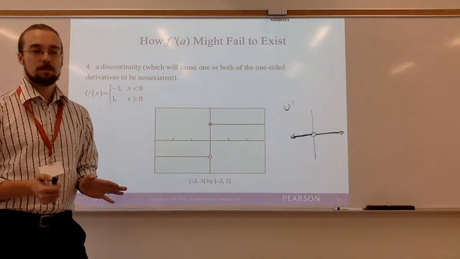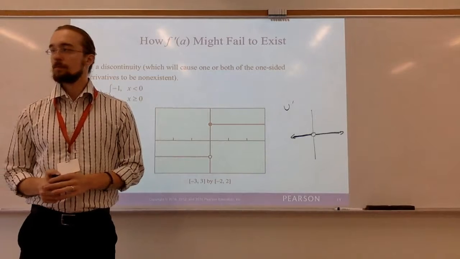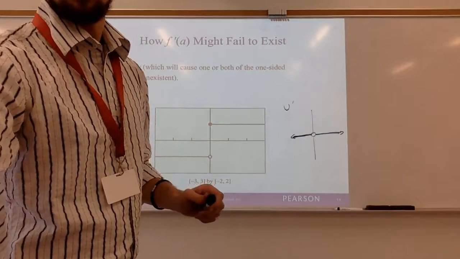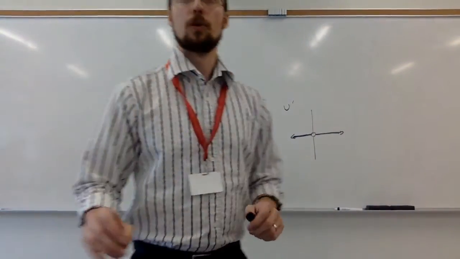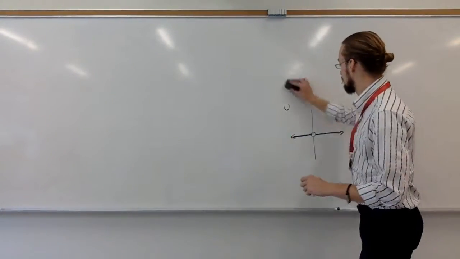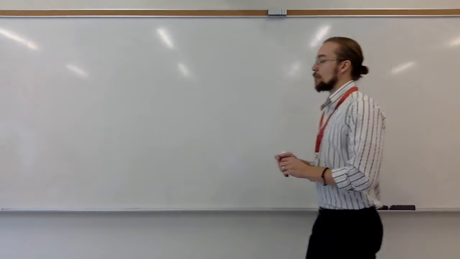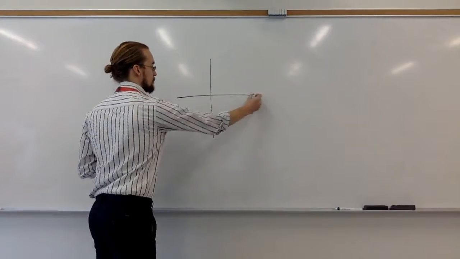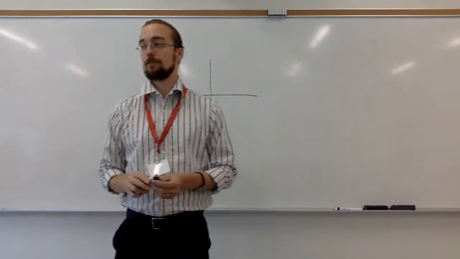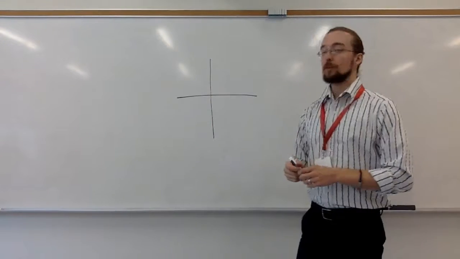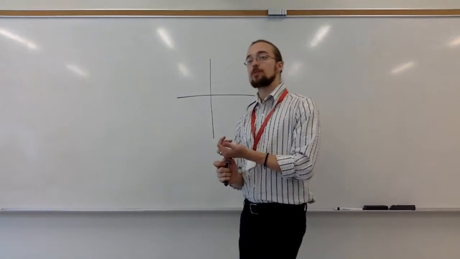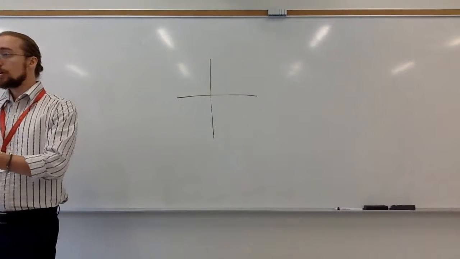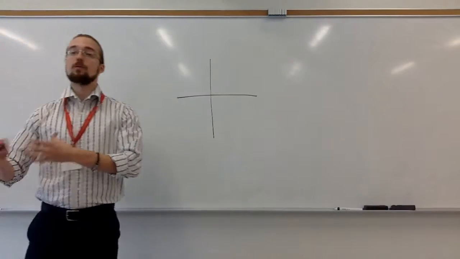Questions on those? All right, then let's try a few more examples here. On the homework, there are a bunch of graphs. Some give you a function and ask, are there points where the function is continuous but not differentiable, differentiable but not continuous, or both?